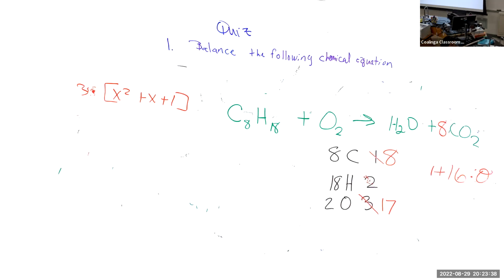So you guys over there, do you see it, right? That 1 plus 16, what is that? That's an O, for oxygen. So 8 times 2, right? Okay, that's going to be 16. Plus this one, right? That's going to be the O's.